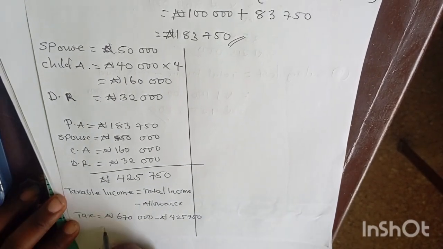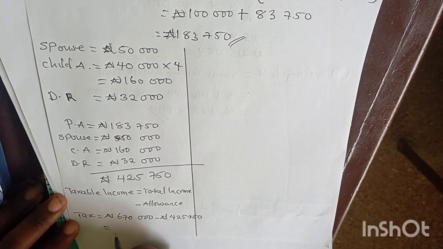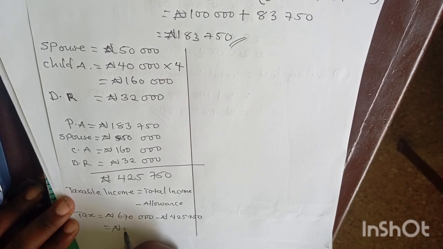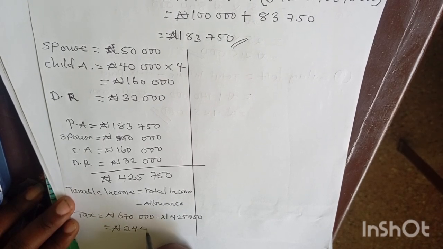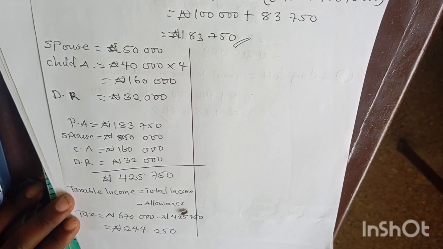So from here, 670,000 minus 425,750 is equal to 244,250.